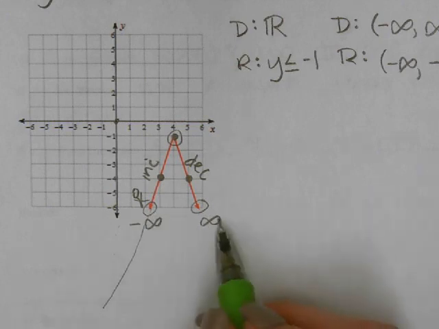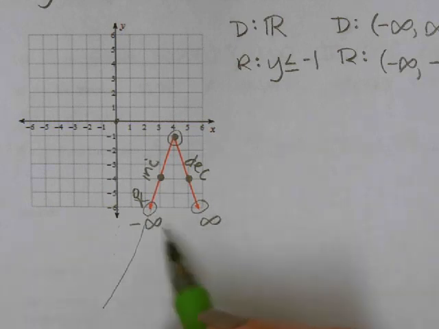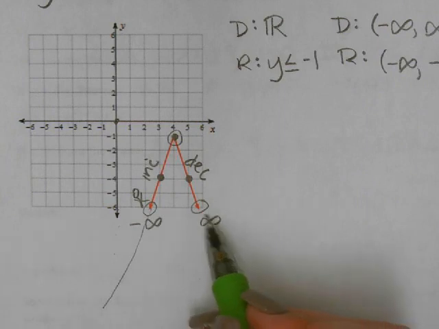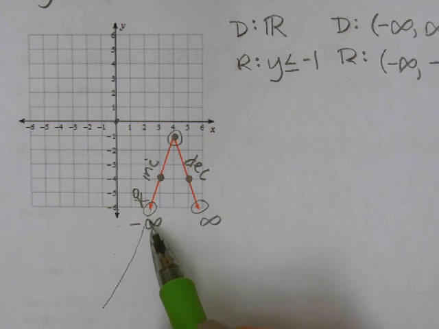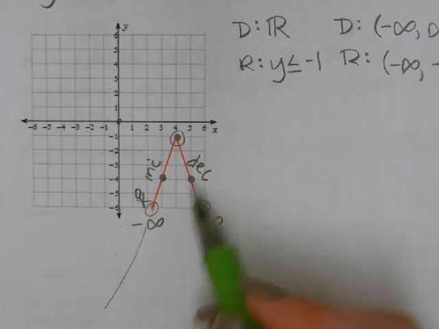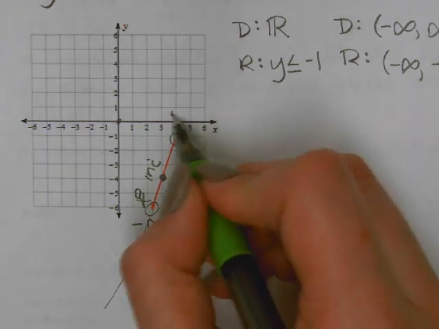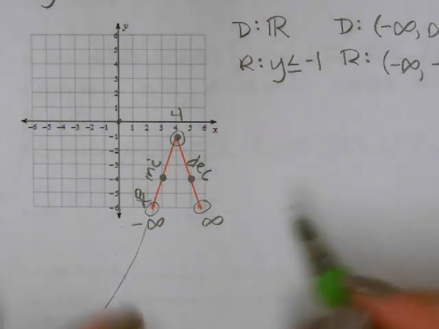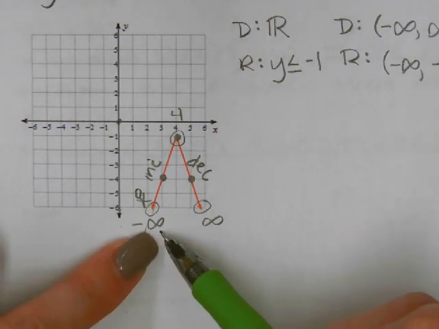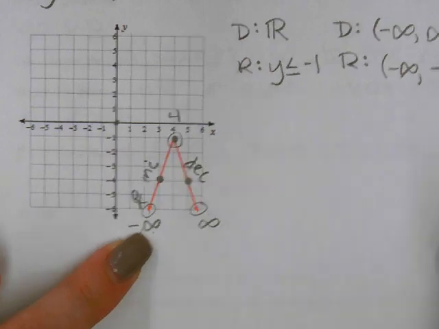And that's always going to be the case when you do these graphs: a left arrow means negative infinity, a right arrow means positive infinity, from left to right. And then my x value right here at the vertex is 4. So I can see that the graph was increasing from negative infinity up to 4.